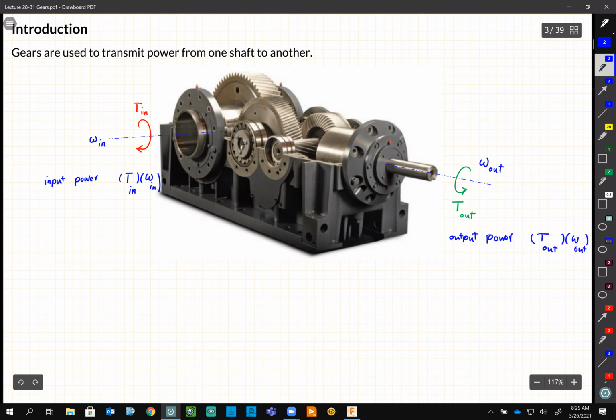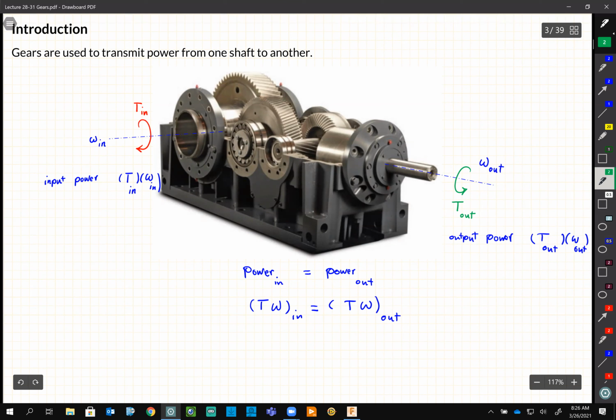So our assumption is the energy is going to stay the same, like the power in is equal to power out. So it means T multiplied by omega in is equal to T multiplied by omega out. So that's in theory. And as Felix mentioned, they are not always 100% efficient.